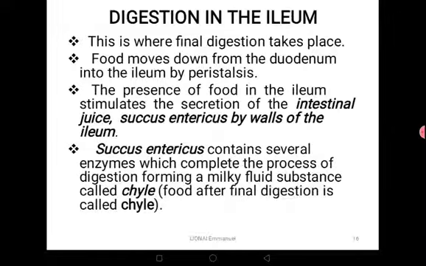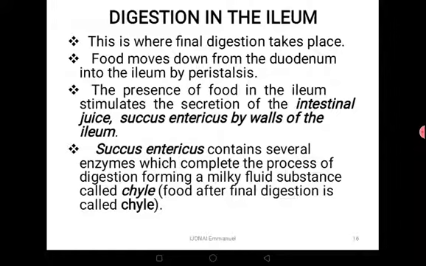The presence of food in the ileum stimulates the secretion of an intestinal juice called succus entericus. Yes, succus entericus by the walls of the ileum. So as soon as the food arrives at the ileum, succus entericus is secreted.